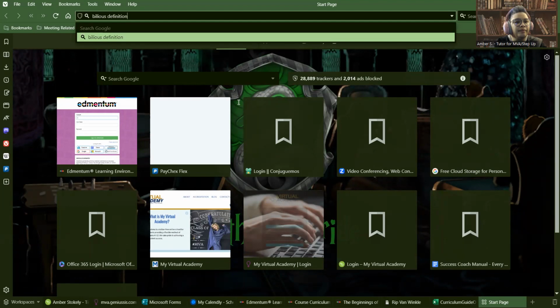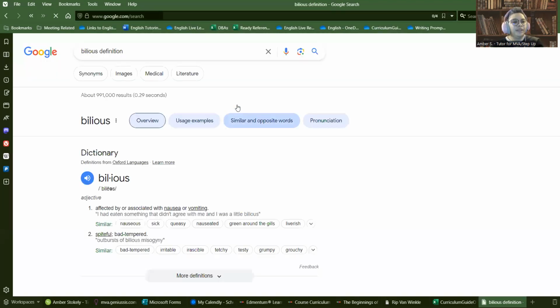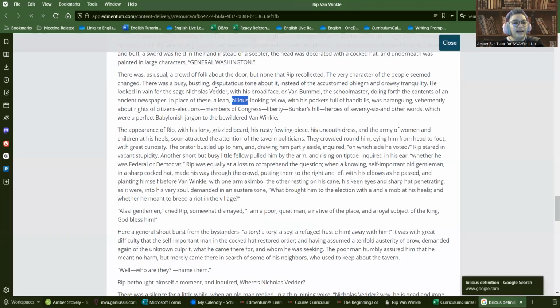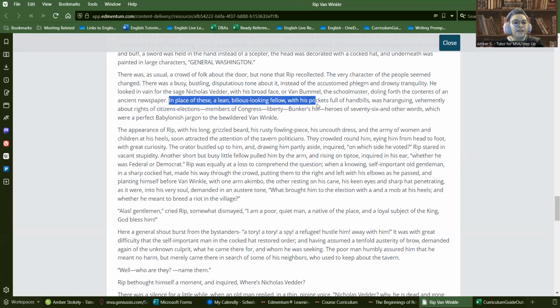Bilious: affected or associated with nausea or vomiting. So basically, a very bad, I think it's probably the second one, spiteful or bad tempered. So a lean, bilious, bad tempered looking fellow with his pockets full of handbills was haranguing.